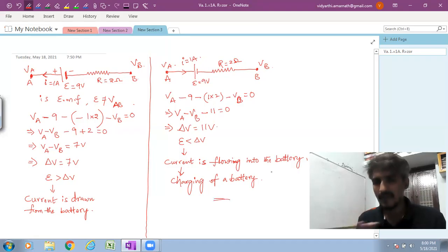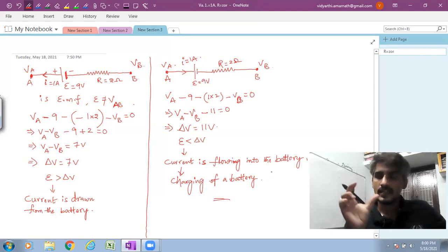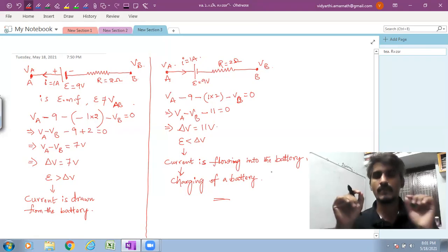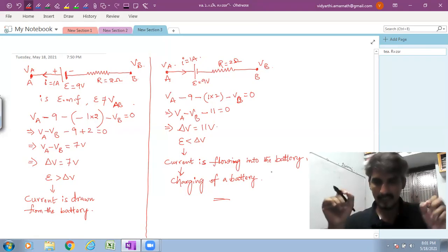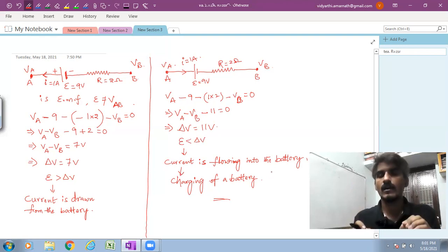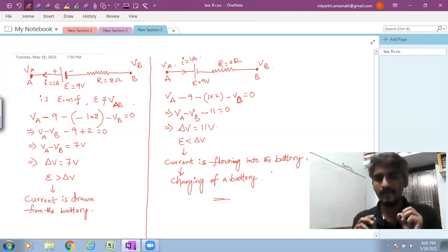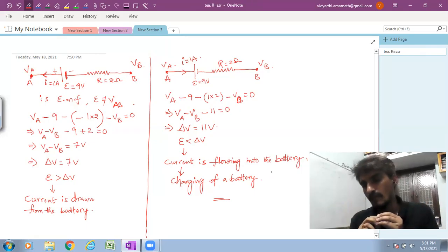Whatever battery we may consider, initially when we take it from outside, the voltage of the battery is given as 1.5 volts. But when we connect the two terminals of that battery to a digital multimeter, which can measure the voltage of any electrical component, it does not give you 1.5.